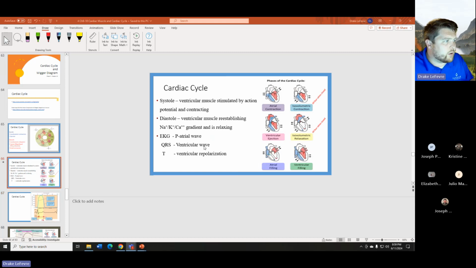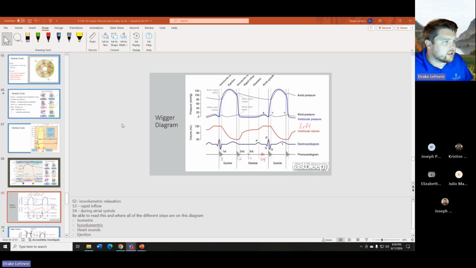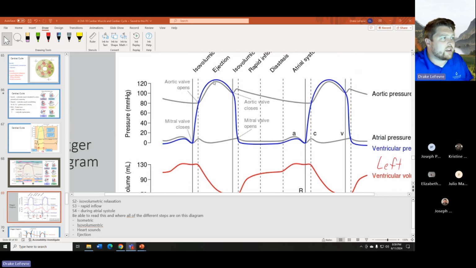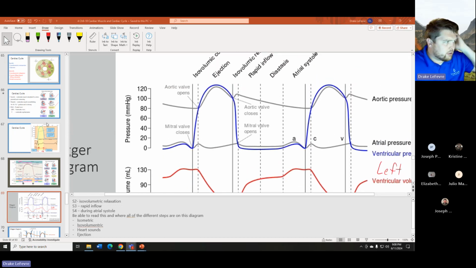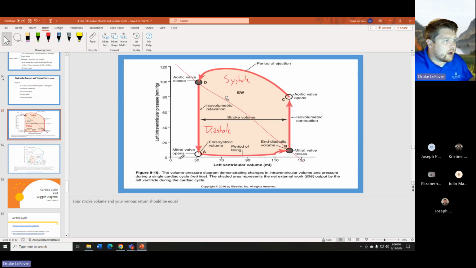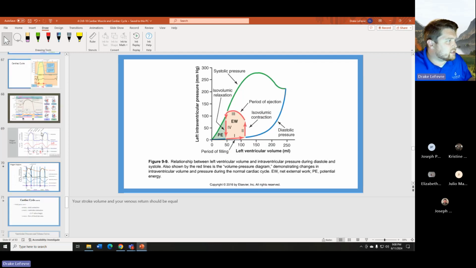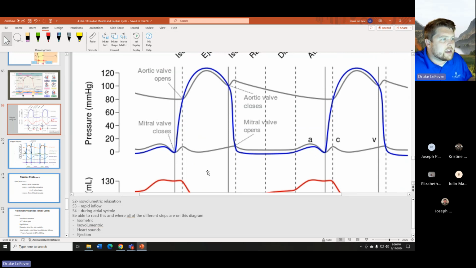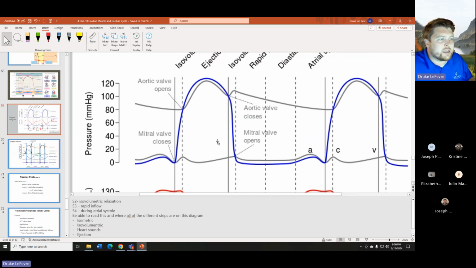This is again just review, going through all this kind of stuff. This guy right here, we saw this portion before. This graph here, you learn this graph really, really well. This graph is the same thing as this graph, just spread out a little bit differently.